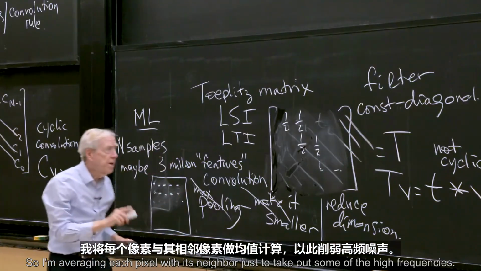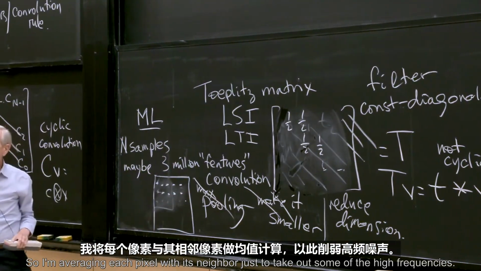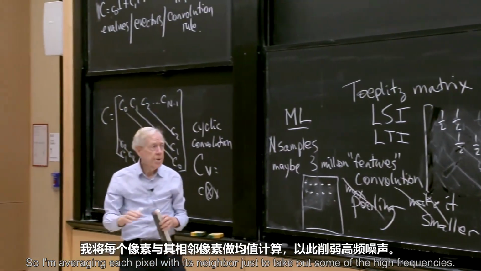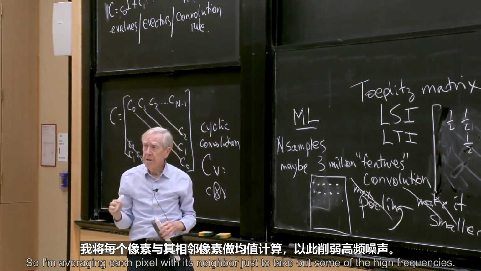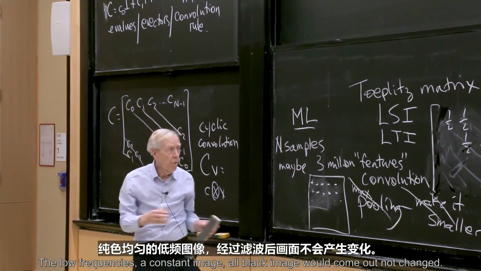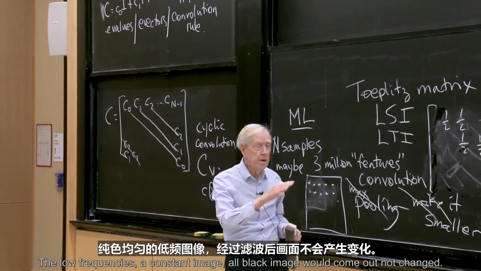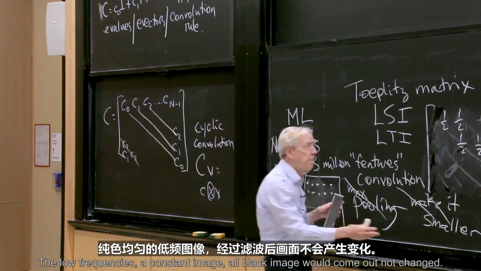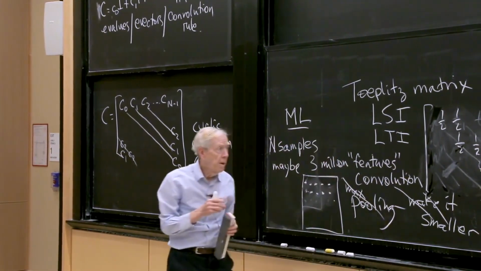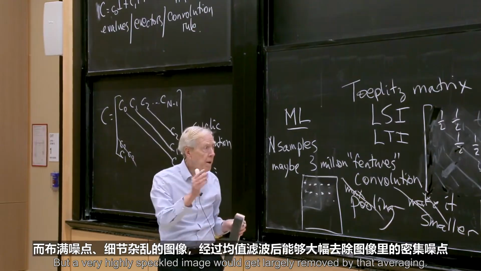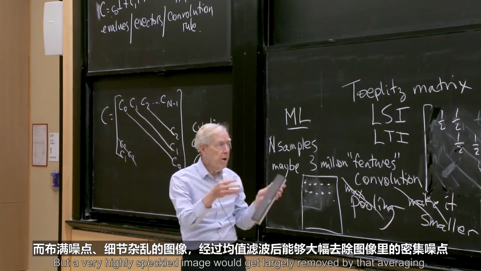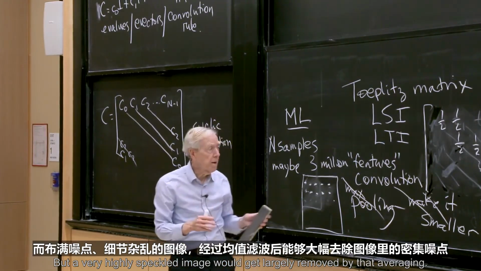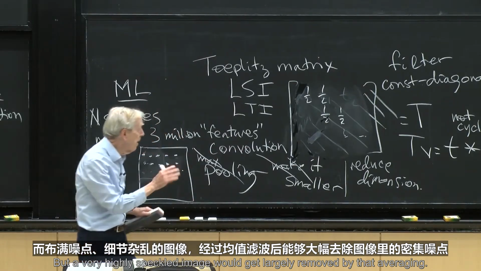So I'm averaging each pixel with its neighbor just to take out some of the high frequencies. The low frequencies, a constant image, an all black image, would come out not changed. But a very highly speckled image would get largely removed by that averaging.